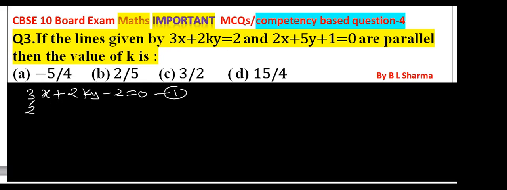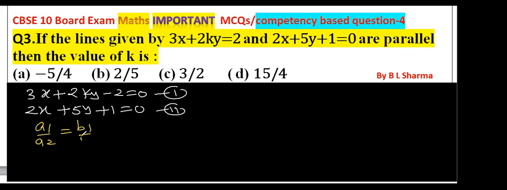And the second equation is 2x plus 5y plus 1 is equal to 0. And the condition for parallel lines is a1 upon a2 is equal to b1 upon b2 not equal to c1 upon c2.